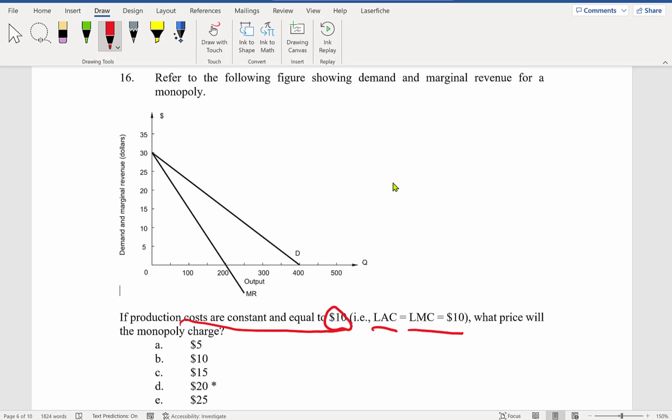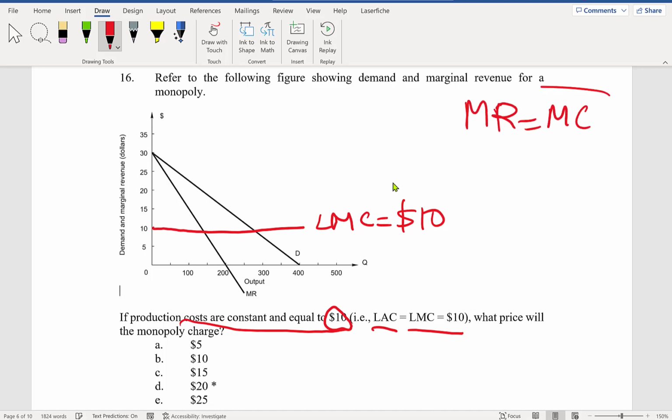So $10 is our long run average cost curve, specifically marginal cost curve is $10. So what we do is marginal revenue equals marginal cost to find the optimal level of output. Marginal revenue intersects marginal cost at this point.